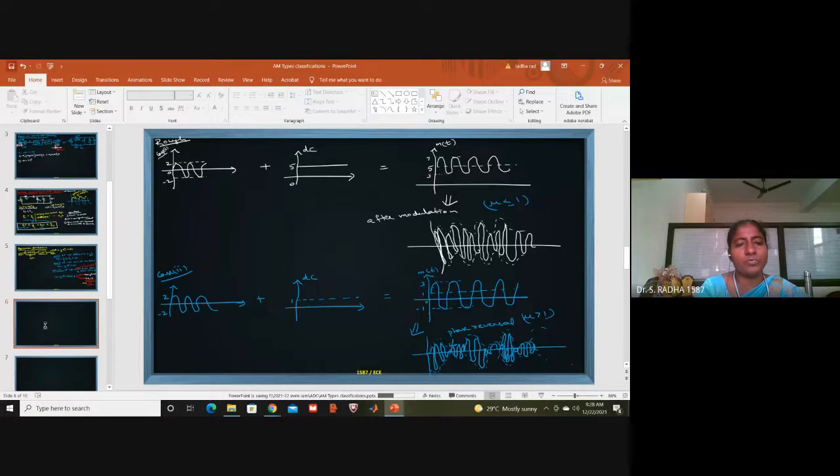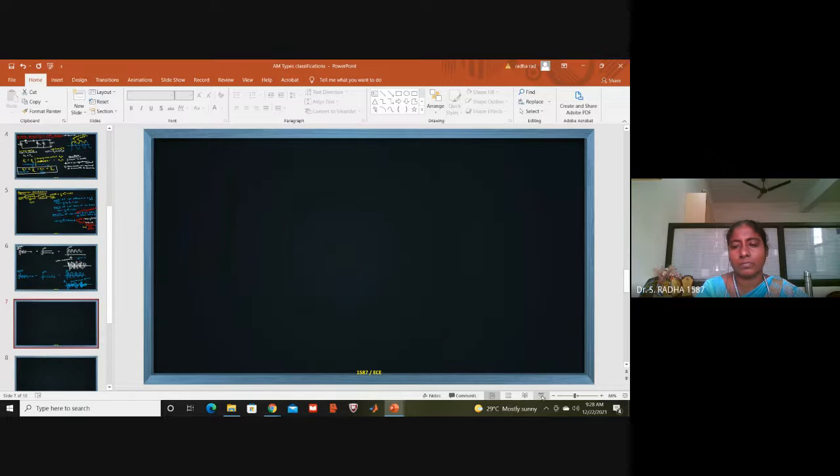And if the envelope detector is getting Ac cos 2 pi fct, then the output will be Ac.